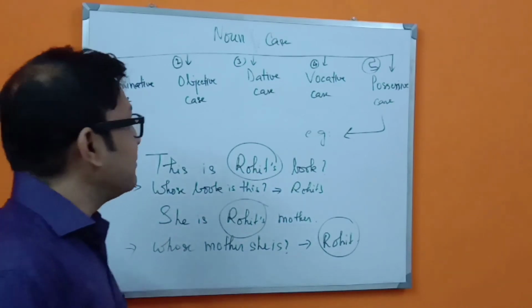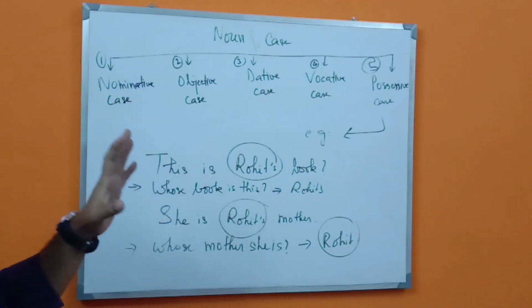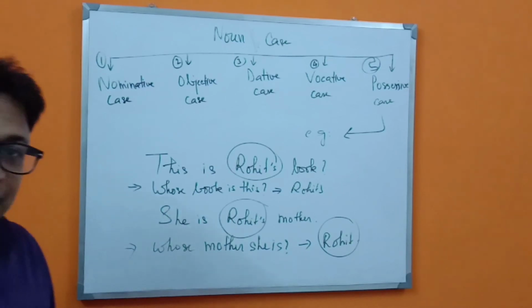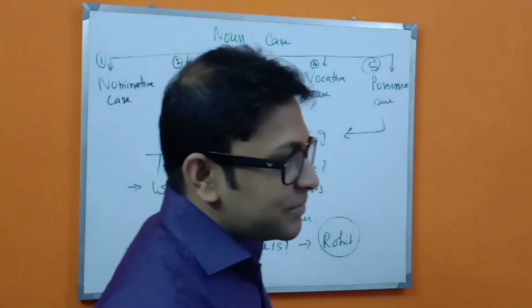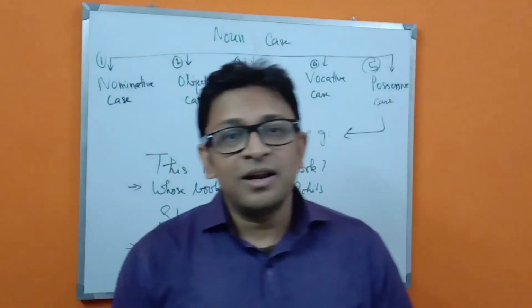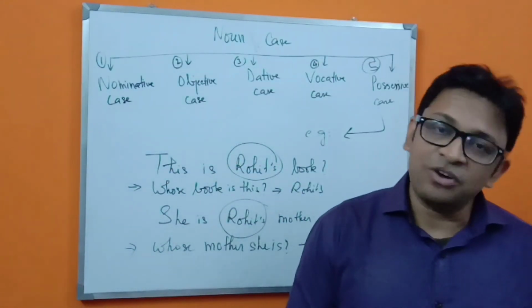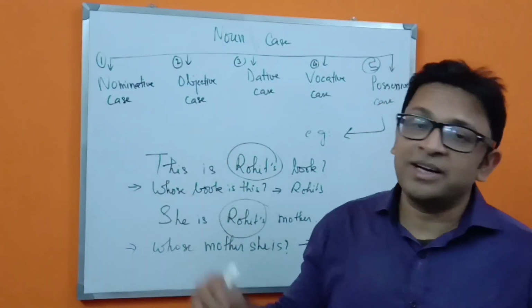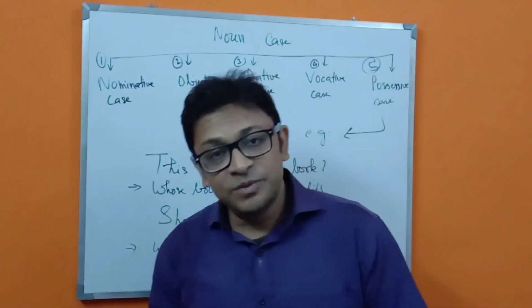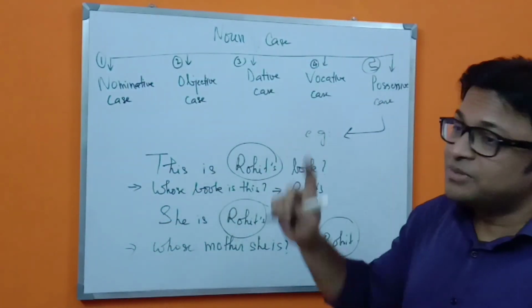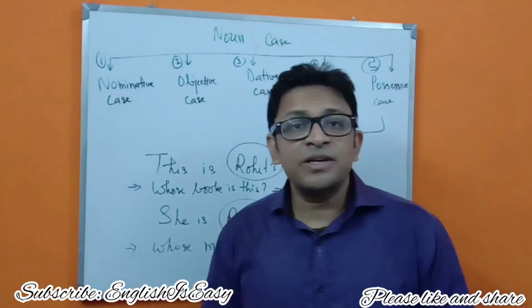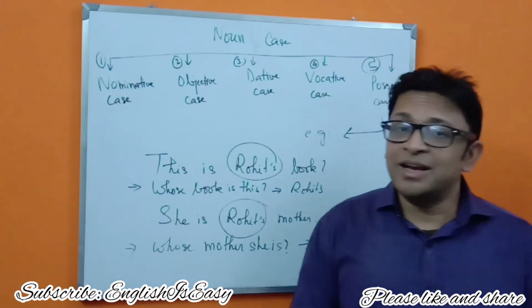So you have to remember how these 5 noun cases act in a sentence. Nominative case, where the noun will act as the subject of the verb. Objective case, where the noun will act as an object of the verb. Dative case, where the noun will act as an indirect object.